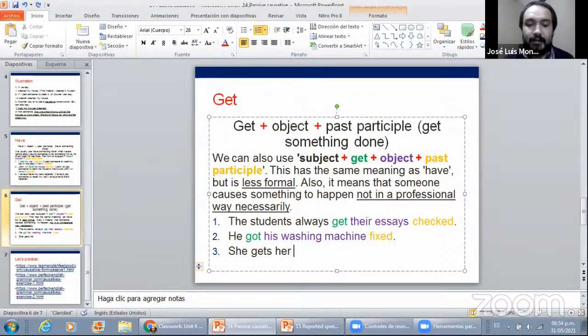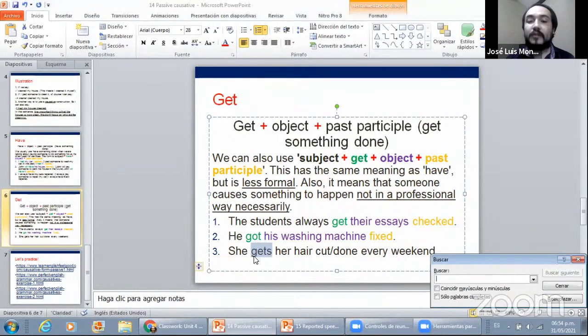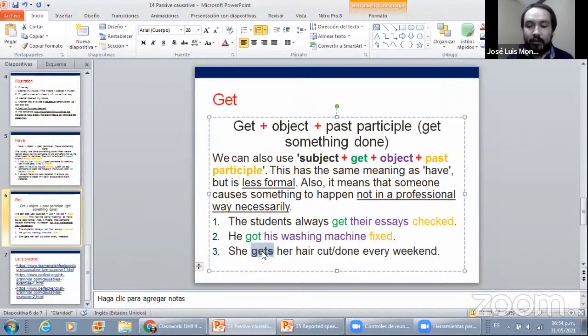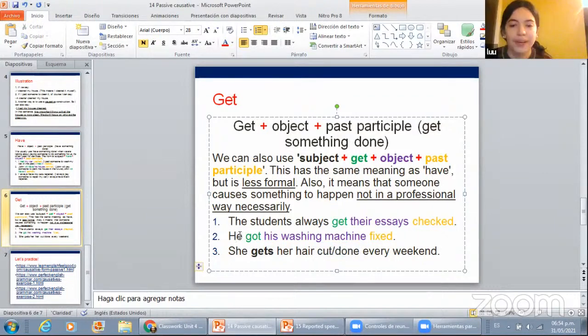She gets her hair done, or cut, let's say, done every weekend. This is also present. When do you realize that this is present, Luciana? Because of the main verb. If the main verb get is in present, it means that your idea is in present. It doesn't matter that this is past participle, okay? It's present. The second one is past.